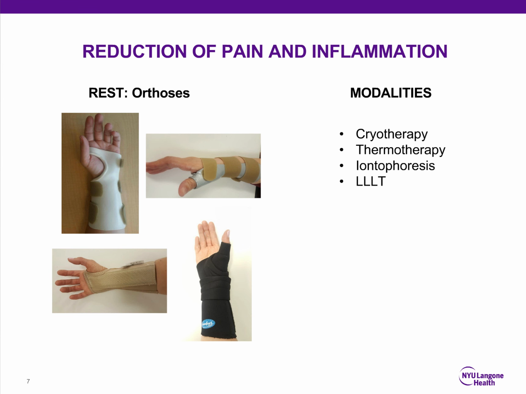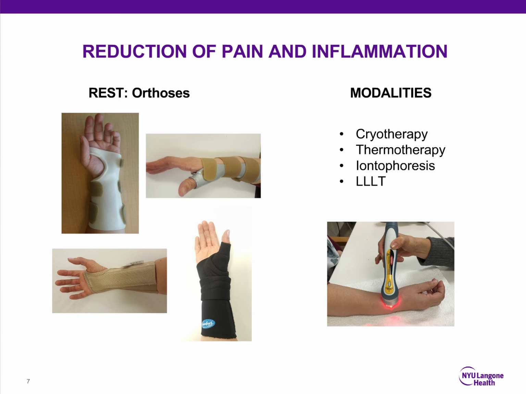In addition, we have modalities such as cryotherapy, thermotherapy, iontophoresis, and laser therapy. And of all these modalities, it is laser therapy that has a little more research backing it up. So that's something to consider for our patients.